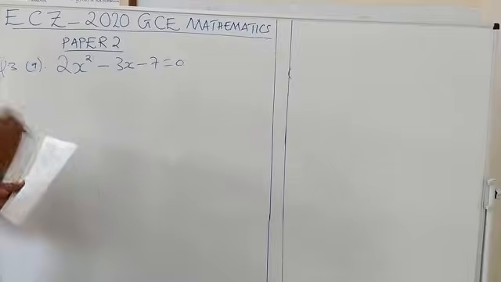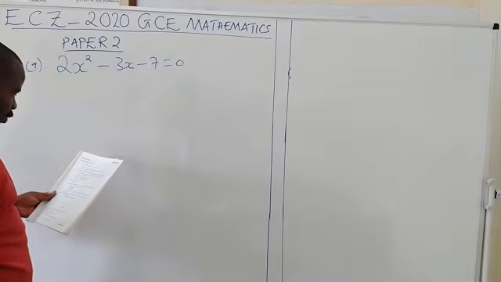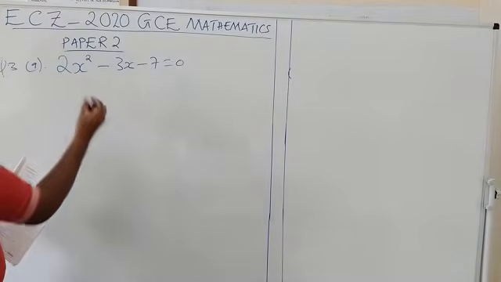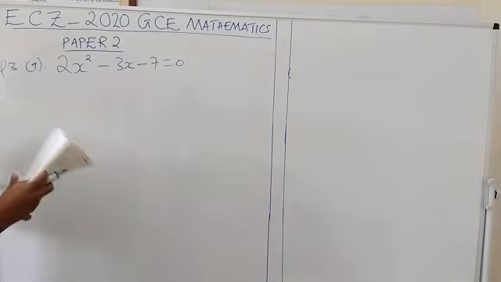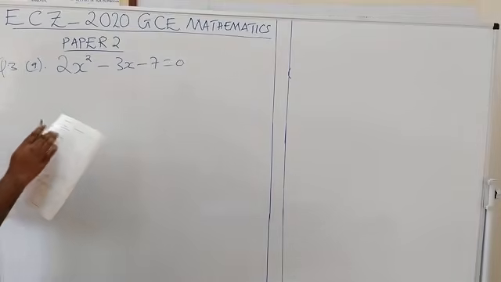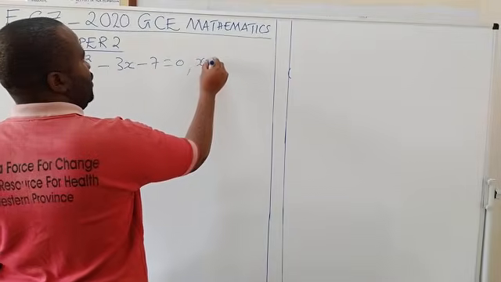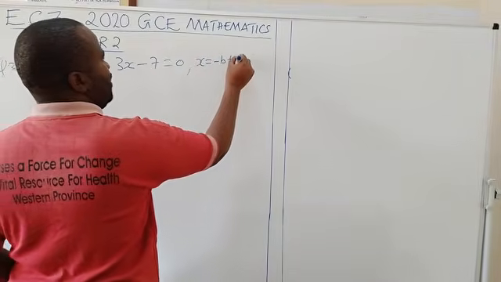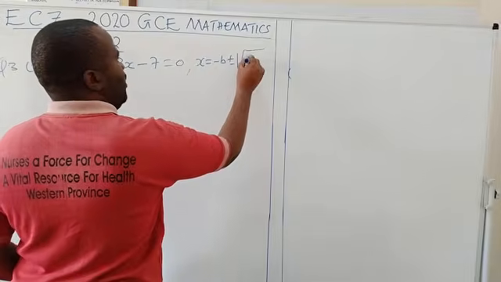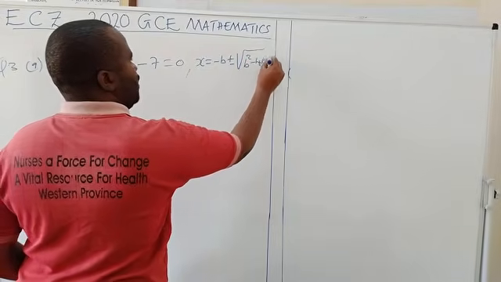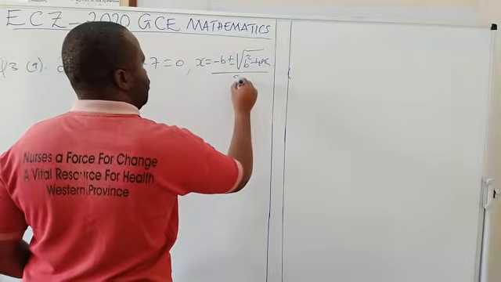You need to give your answer correct to 2 decimal places. Now, you need to know that this is a quadratic equation, and on the first page there is a formula that is given to you, where they have said x is equal to negative b plus or minus the square root of b squared minus 4ac, everything divided by 2a.